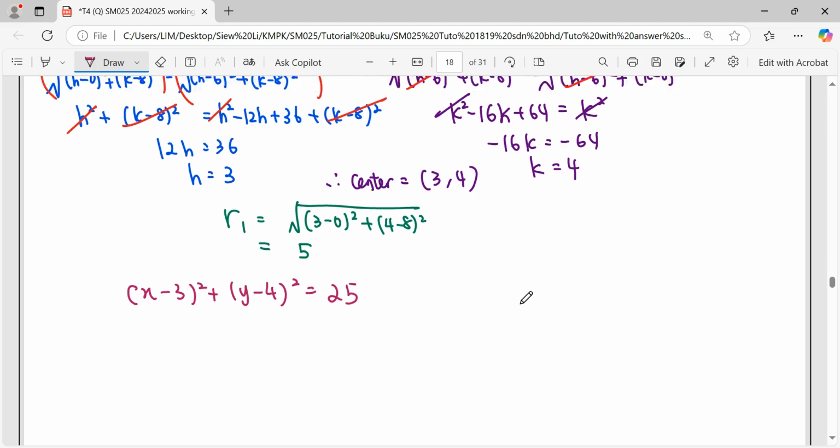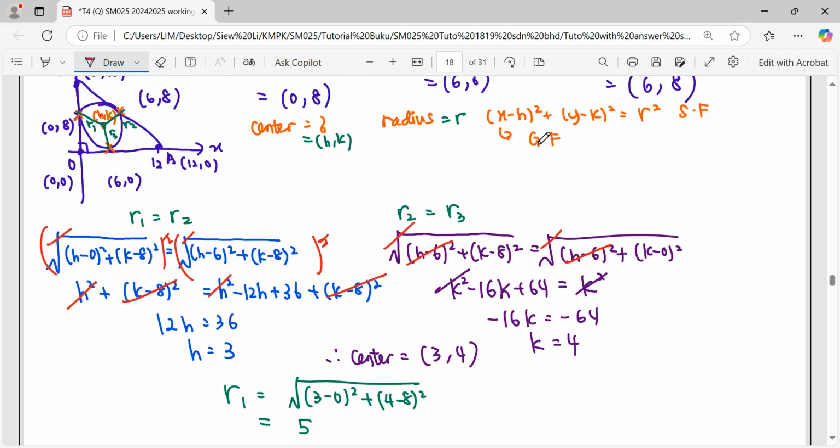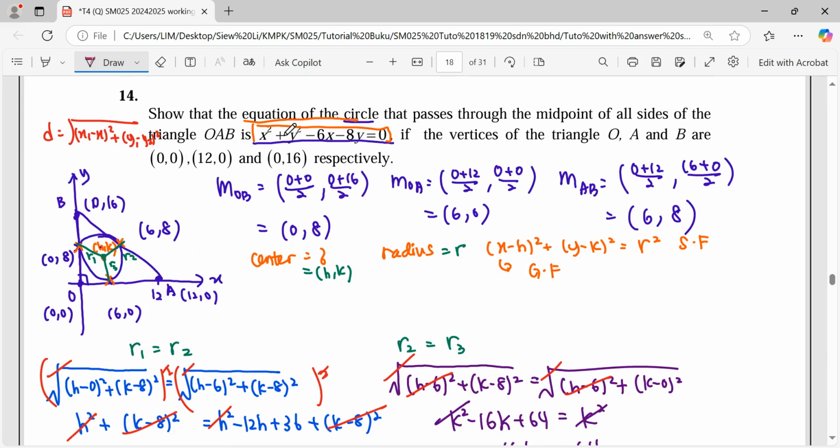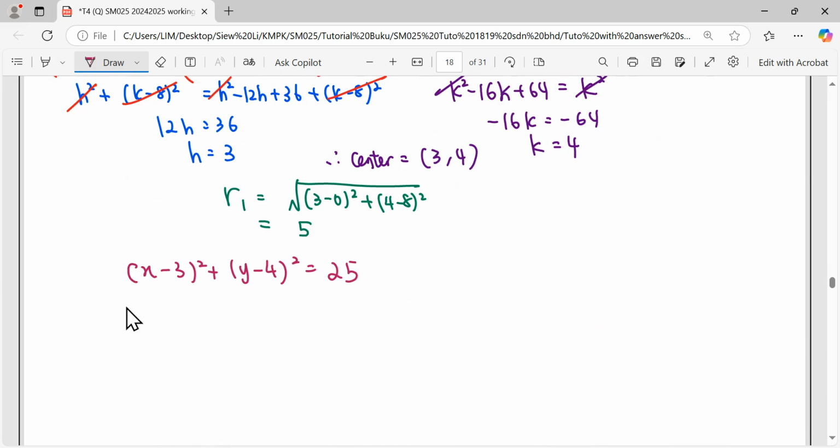What the question asks is not the standard form; we need to expand it to general form. Expanding this bracket: a squared, 2ab gives negative 6x, b squared gives plus 9. Again, y squared, 2ab gives negative 8y, b squared, negative 4 squared gives 16.